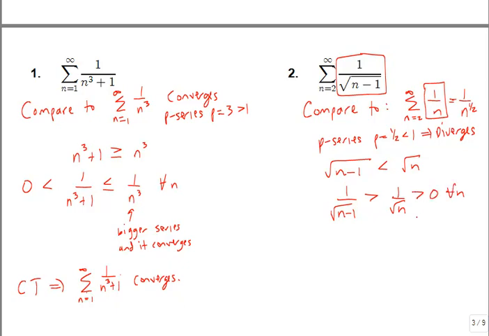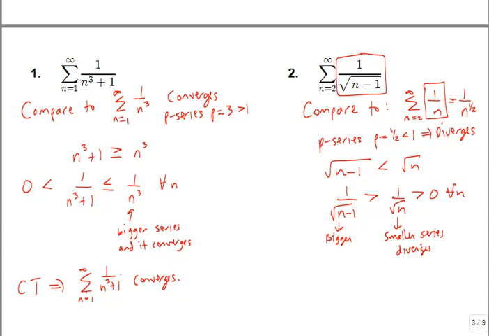So we've established that relationship that we need, and this one is the biggest series, the bigger one. And the known one that we already know diverges is the smaller one. And the smaller series here diverges.